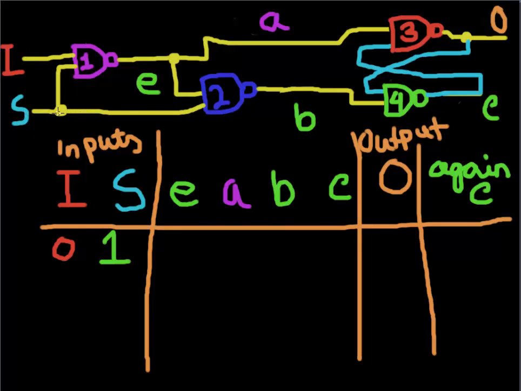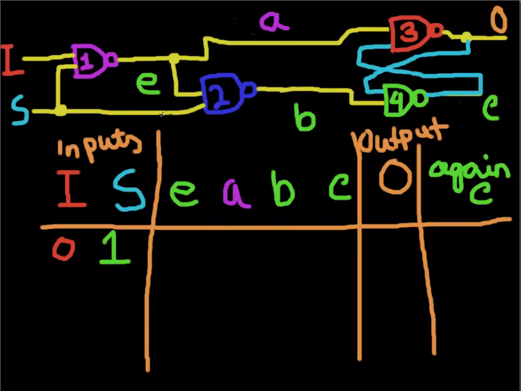As S is 1, it will go through this wire, and as I is 0, this NAND gate output will be on, and so this E will be on. Here there is an intersection between two wires, and this will go to E as well as A. Because from S, the 1 goes through this wire and also through this NAND gate, and E is also going through this NAND gate, this B will become off.